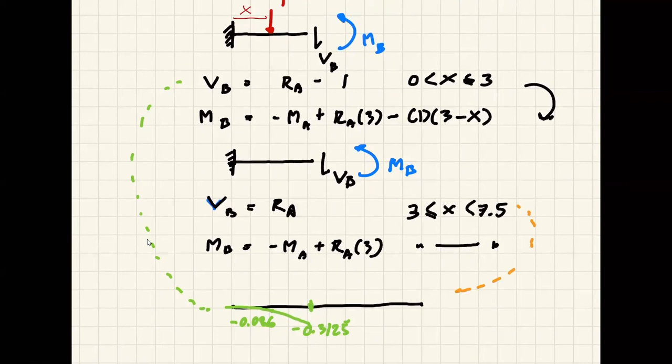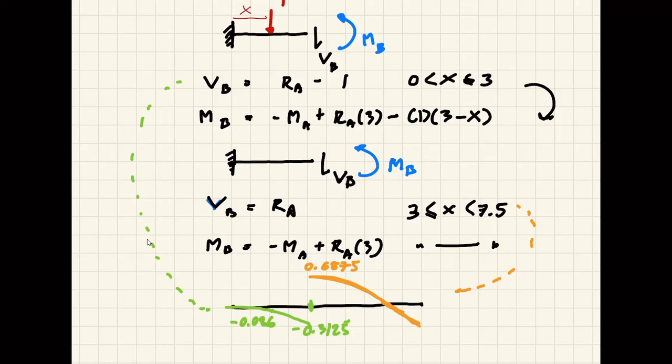And yes, this is a straight line again, and this one is a curve. That's straight, okay? It's a straight line. And the values are 0.6875.